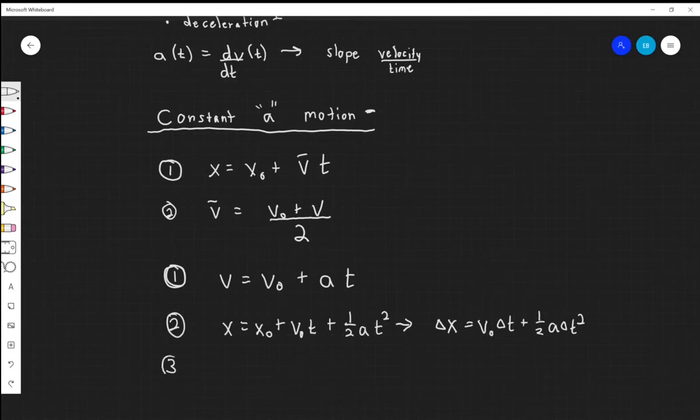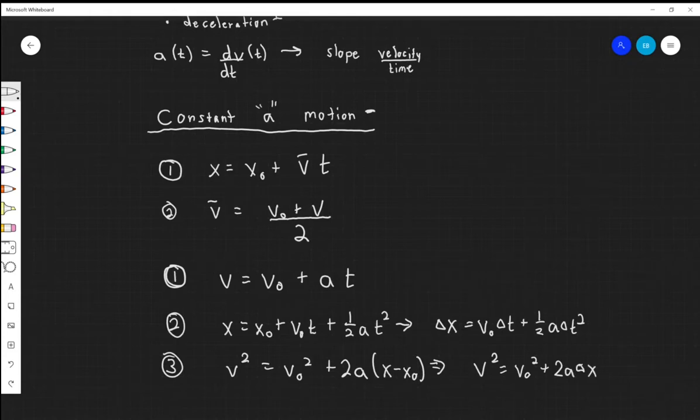And then finally, the last kinematic equation that we want to know, v final squared equals v initial squared plus 2 times a times (x minus x naught). And if we want to write this in delta notation, we can do that, where we have v squared equals v initial squared plus 2 times a times delta x.